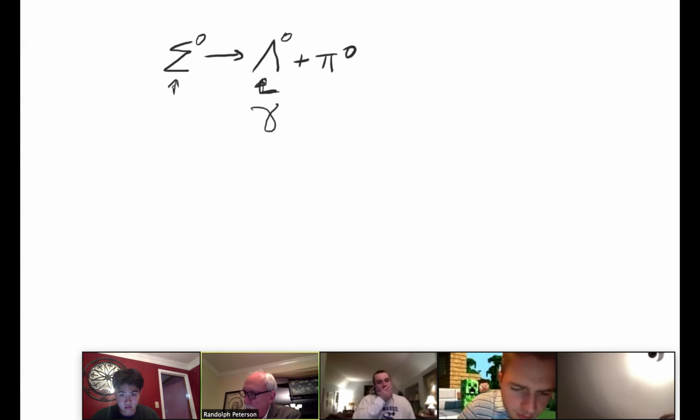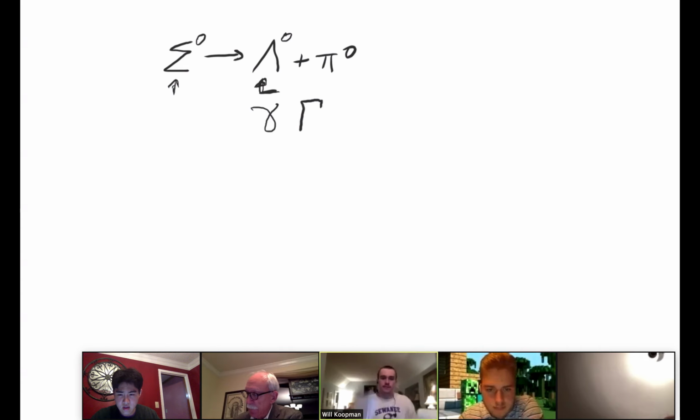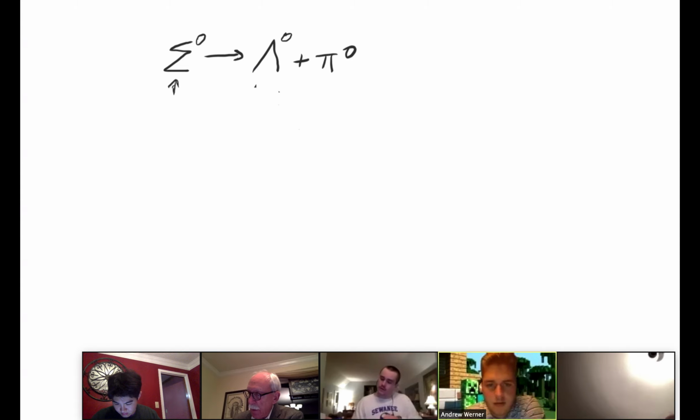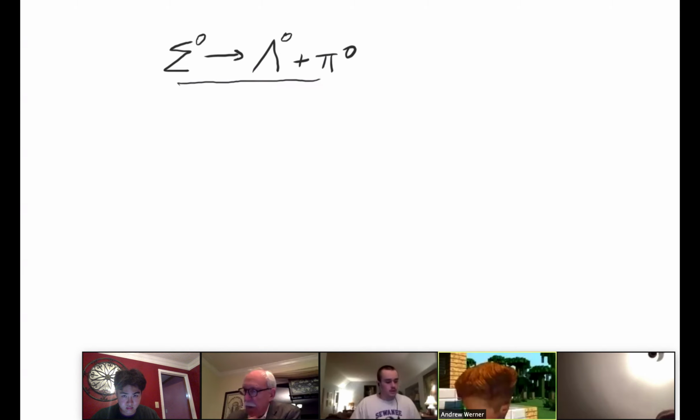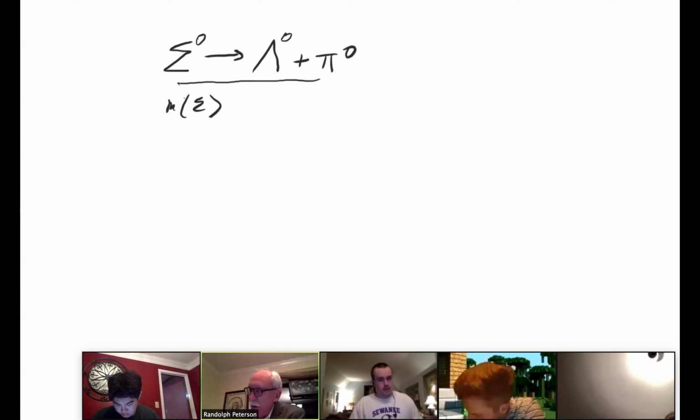Lowercase gamma is this. All right. Can this happen? So charge is conserved. Is the mass of the sigma bigger than the mass of the lambda?